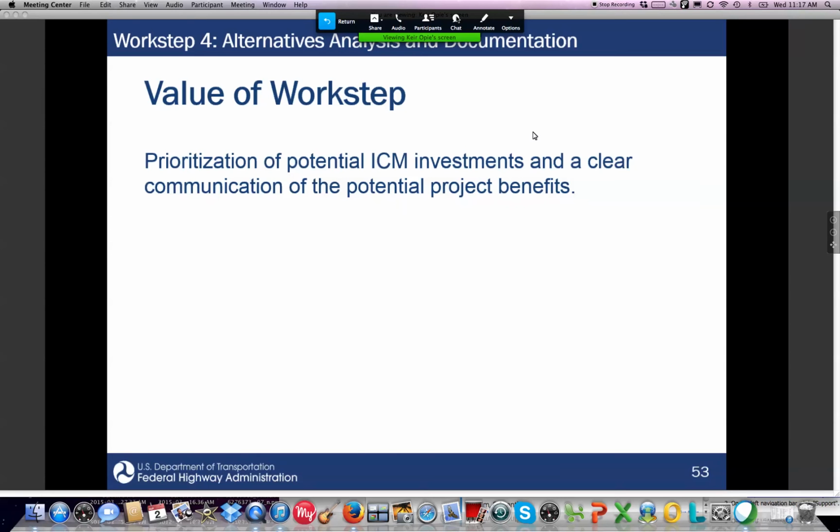So by doing various different virtual what-if scenarios, it helps us look at the individual ICM strategies, look at the benefits coming out of it, compare that to the costs, look at different combinations of strategies to try to see how we can better develop ICM strategies or packages of ICM strategies to respond to various different conditions that we may see out there.